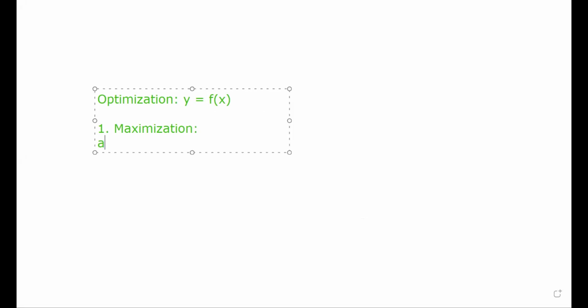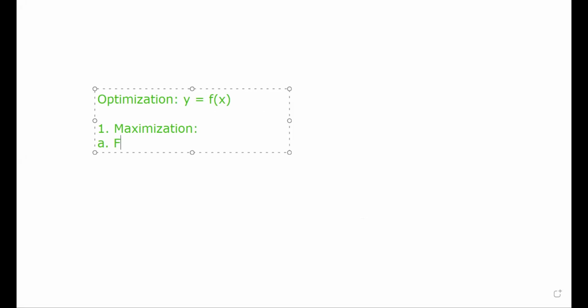Optimization. For example, we have y as a function of x. First is maximization. There are two conditions.